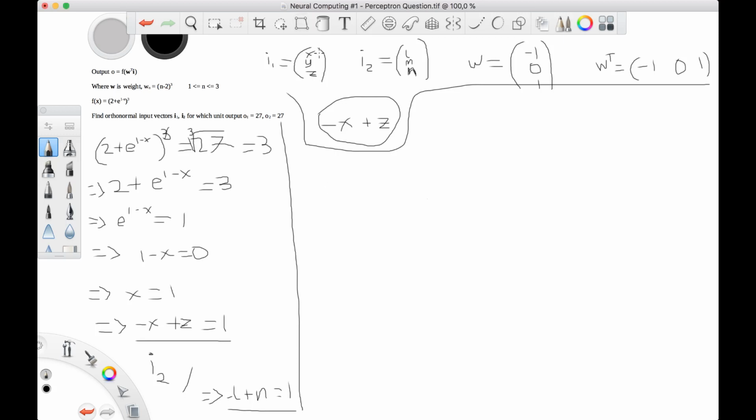The dot product, as you should know, is just going to be xl plus ym plus zn, which is equal to 0. This is I1 dot I2, the dot product.